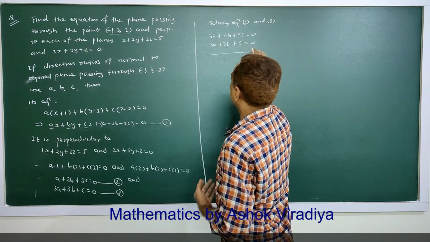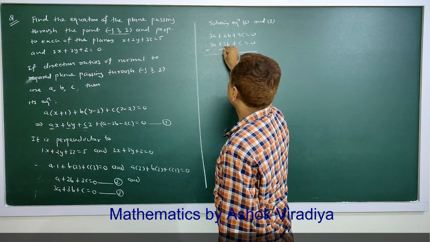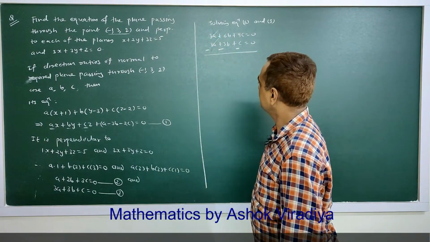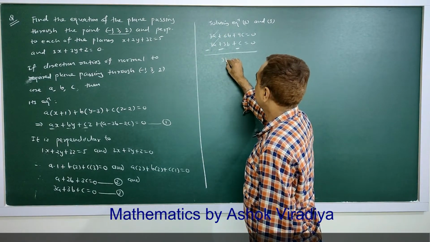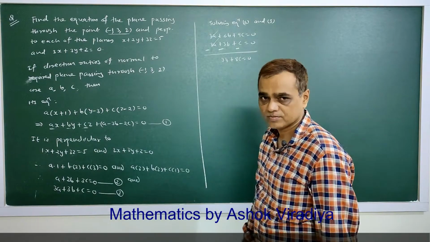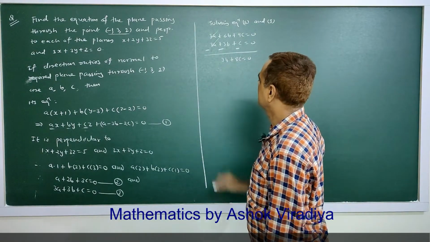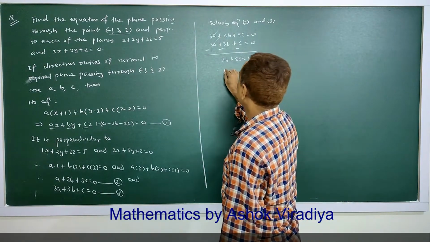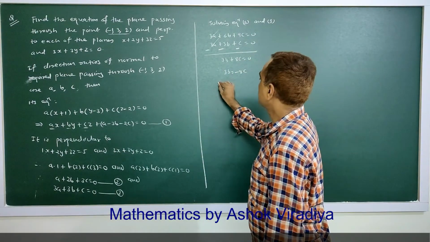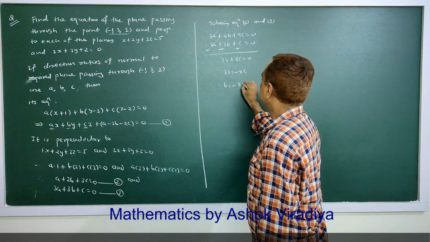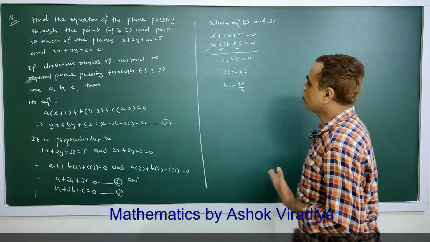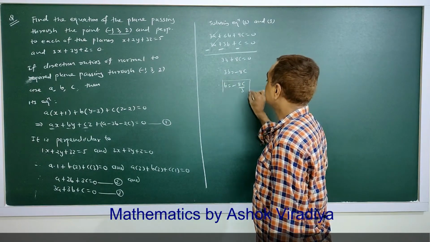Now taking subtraction, 3a minus 3a is cancelled. 6 minus 3, 3b plus 8c is 0. Therefore 3b is minus 8c, so b is minus 8c by 3.